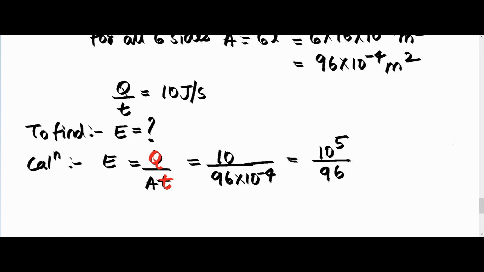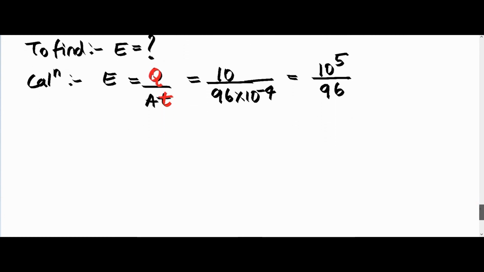So if we take reciprocal of 96, then we get the value as 0.1042 into 10 raised to 4.